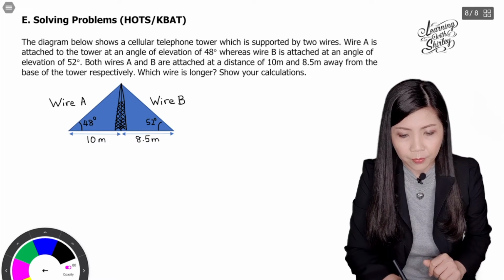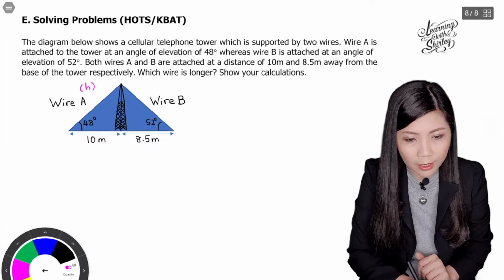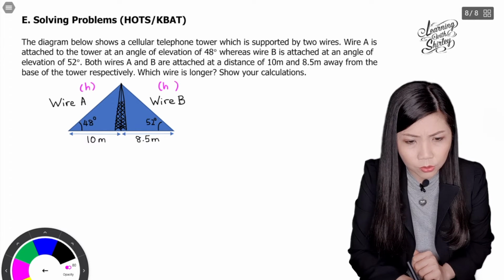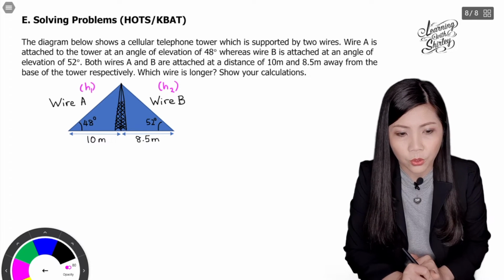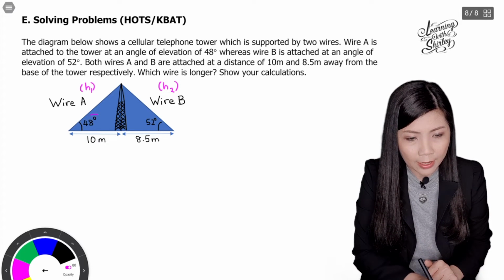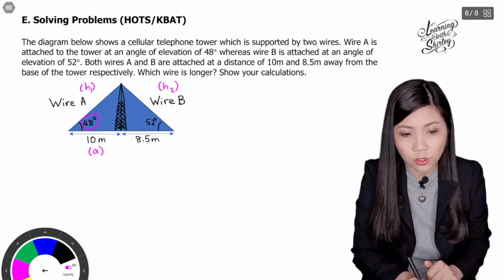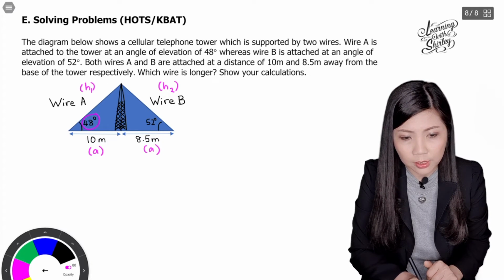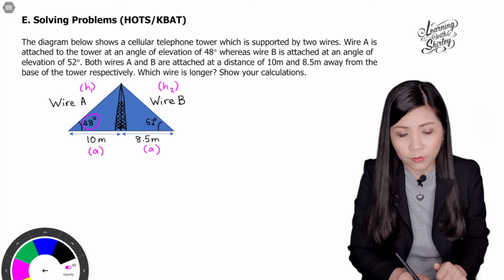So this will be the hypotenuse. If this is a right angle triangle, here will be a hypotenuse too. To separate both, I'm going to label this as H1, here H2. Here will be the angle. If 48 degrees is here, therefore this will be the adjacent side, and this will be the adjacent side too. Let's solve for H1 first.